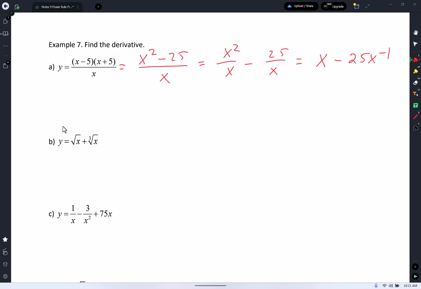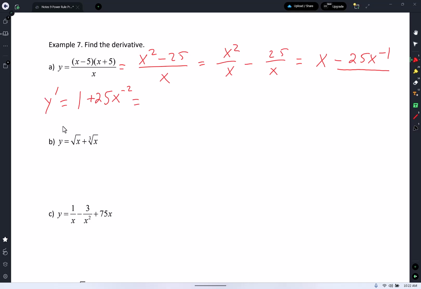Okay. Y prime equals, what's the derivative of x? 1. And then I'm taking the derivative of minus 25x to the negative 1. So what's negative 1 times negative 25? Plus 25. X to the what power? Negative 2.